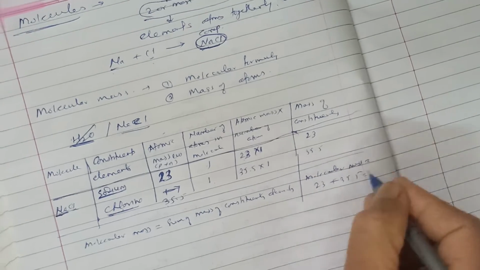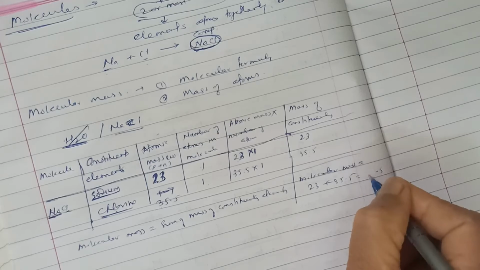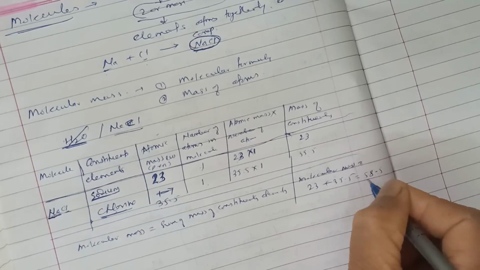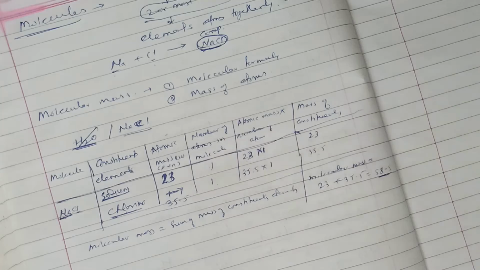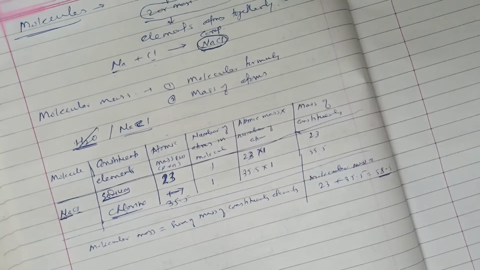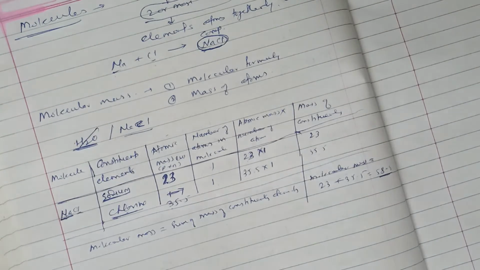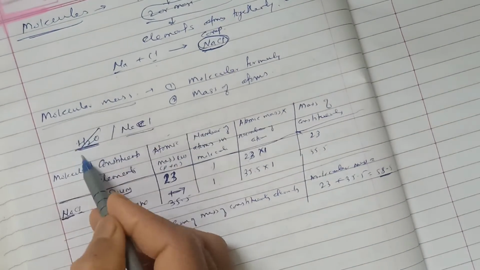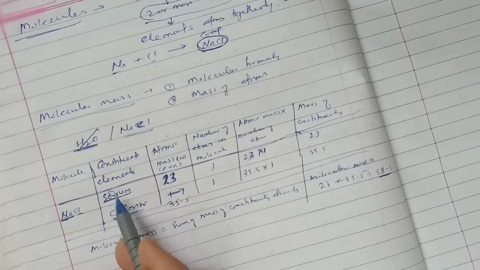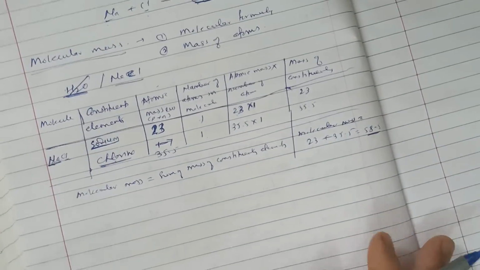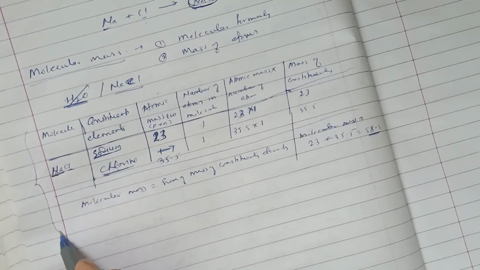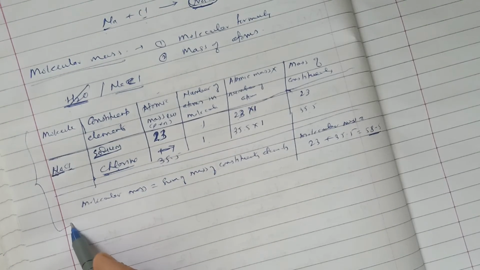So it is how much? 58.5. In this way you have to find the molecular mass of various substances. If you take water, there are hydrogen and oxygen, and then take the atomic mass. That is important. In this way you have to find out the molecular mass.